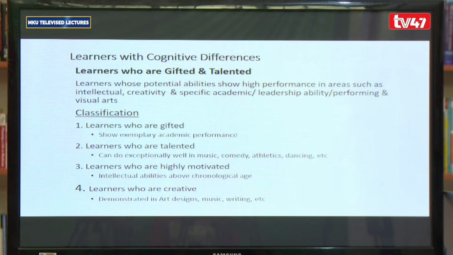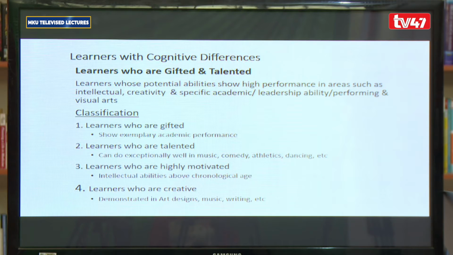Then under learners with cognitive differences, we look at learners who are gifted and talented. As we talk about learners whose brain development does not reach the normal, there are other learners who are ahead, who are beyond those of their age.